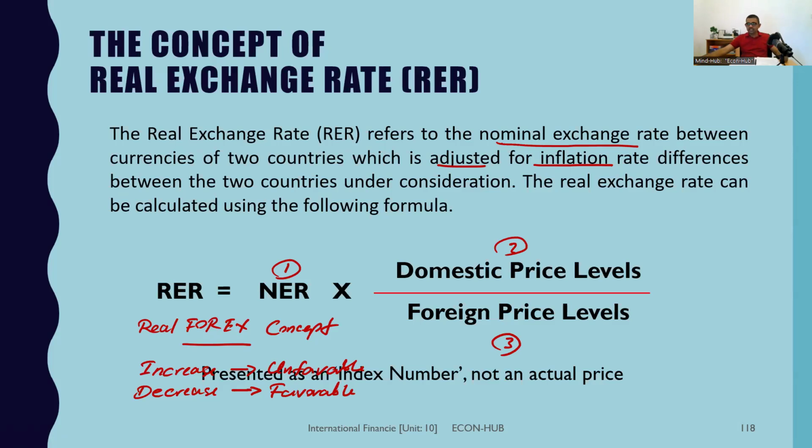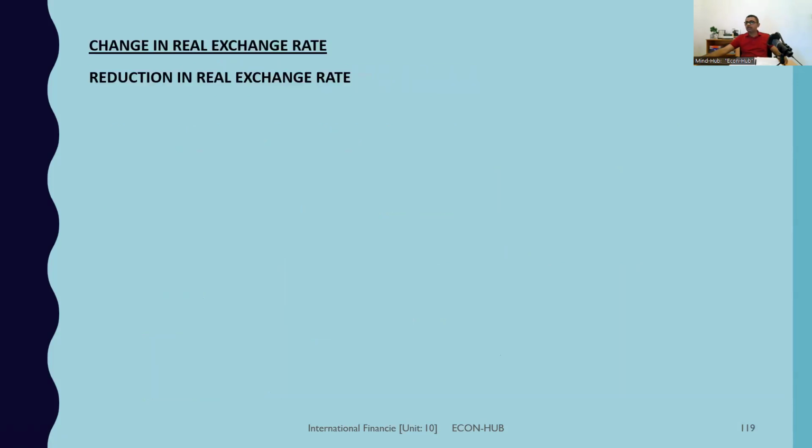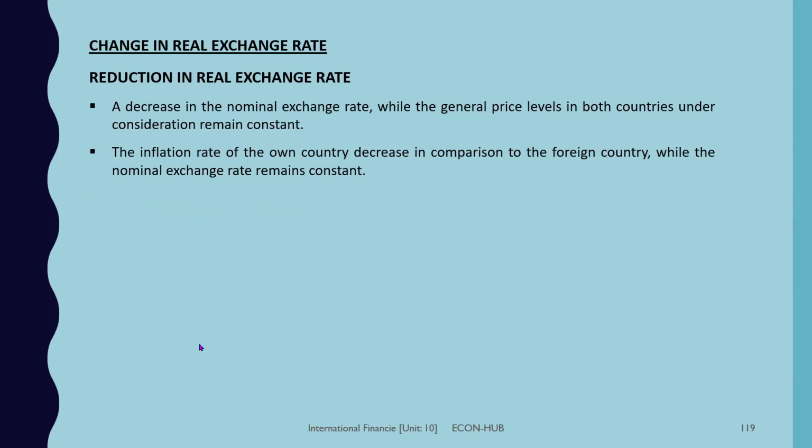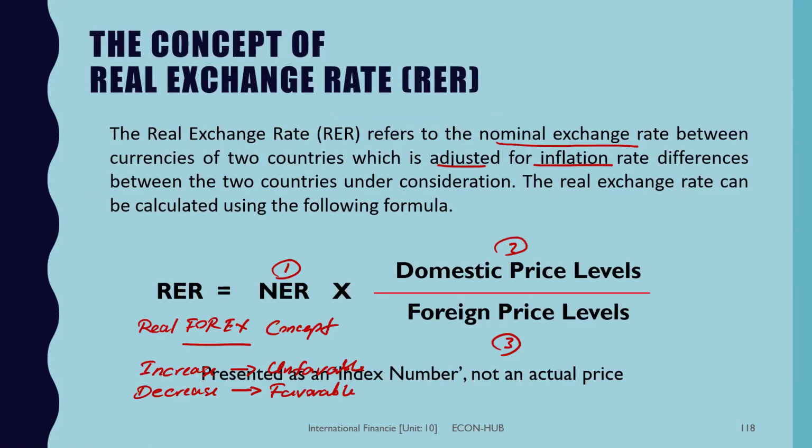It's given as an index number that I have mentioned. Now look at this. First, look at the reduction and see what it means. So I'll just go to the previous slide a bit. I hope you made a note of what I just wrote.